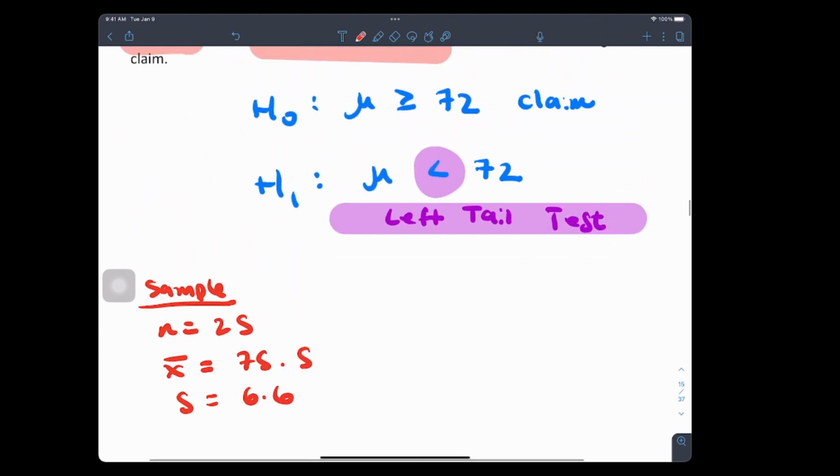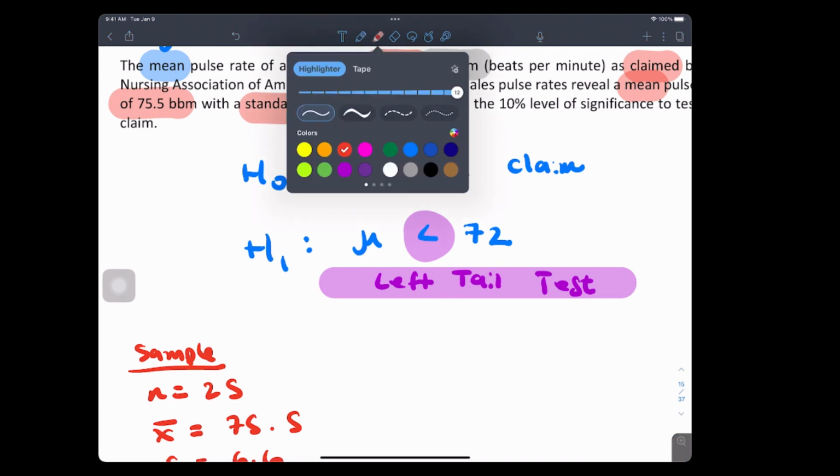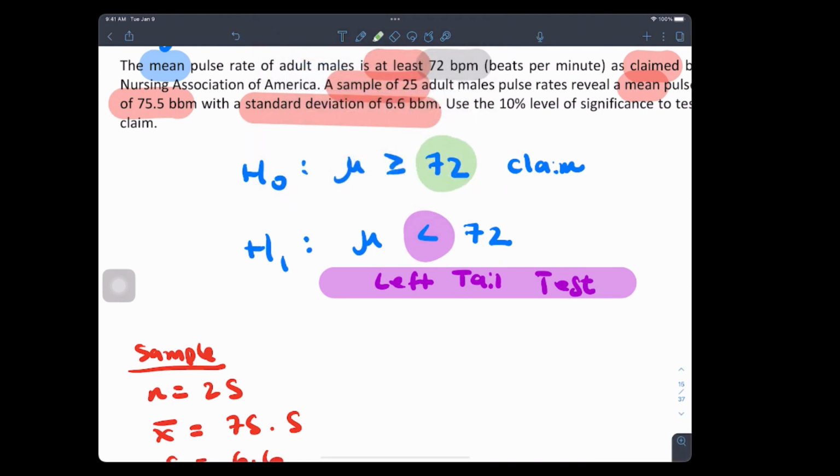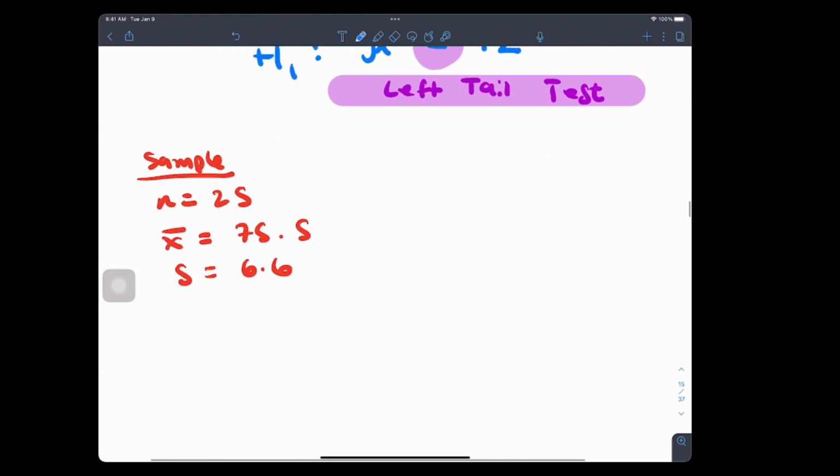Now, don't ever forget what also goes in your calculator. See how I bring out the green? What value is this? You guys remember? Mu naught is what?